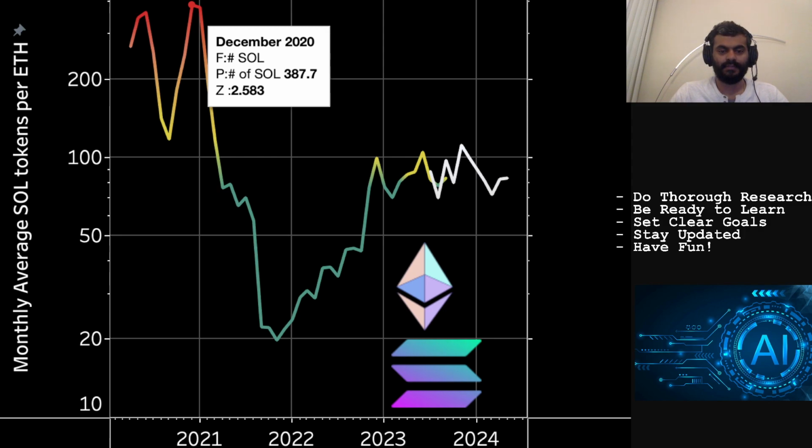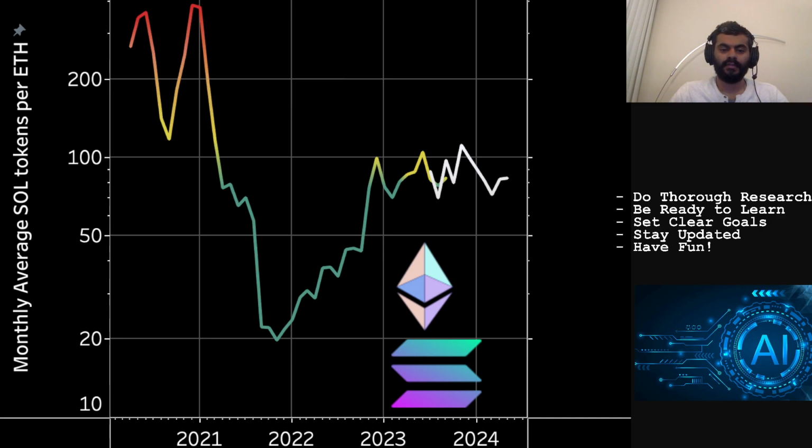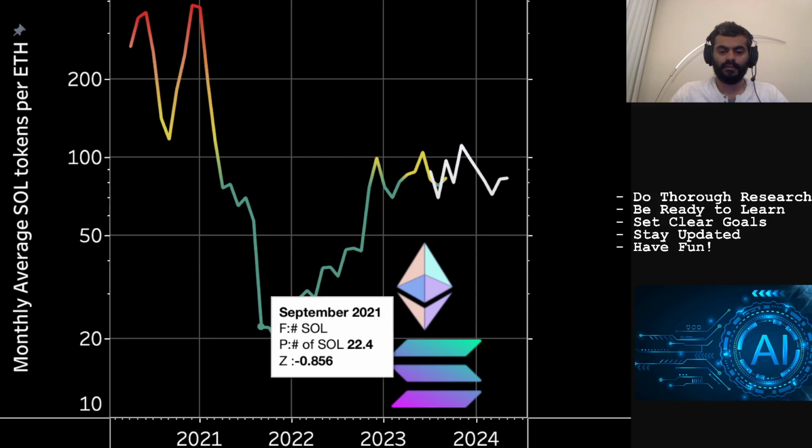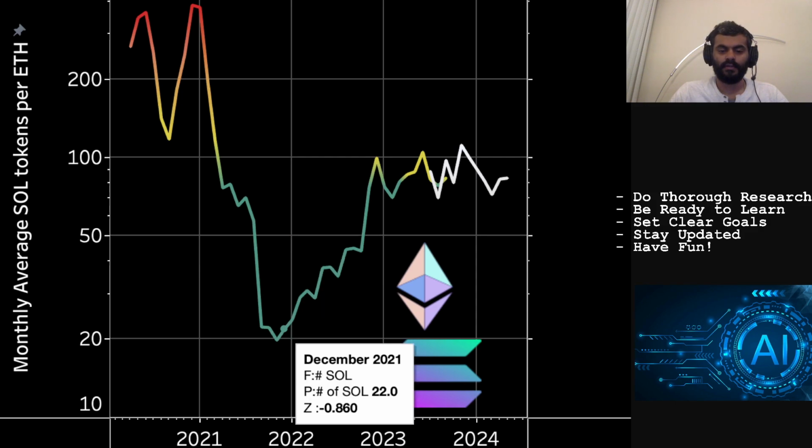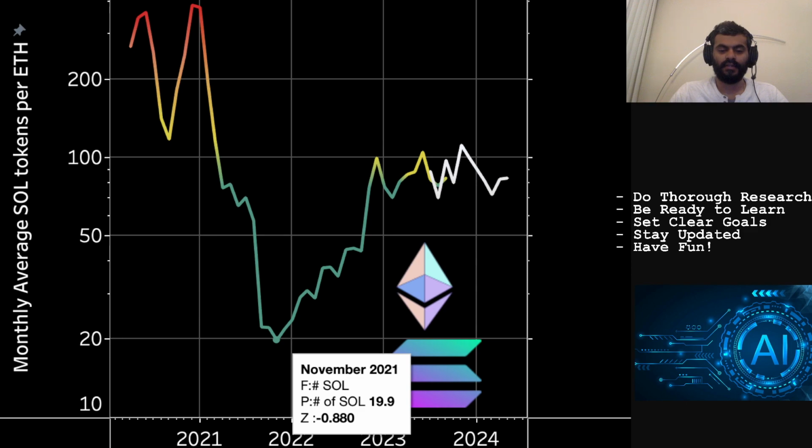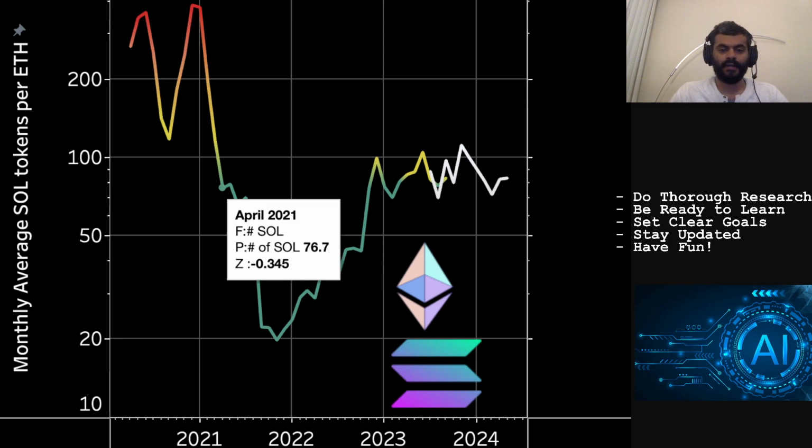So for example, before the bull run in December 2020, the number of Solana tokens was almost 390 Solana tokens for one Ethereum. But as we entered the bull run, the number of SOL tokens that you could get for one Ethereum crashed to only about 20 SOL per Ethereum, from 390 to 20.